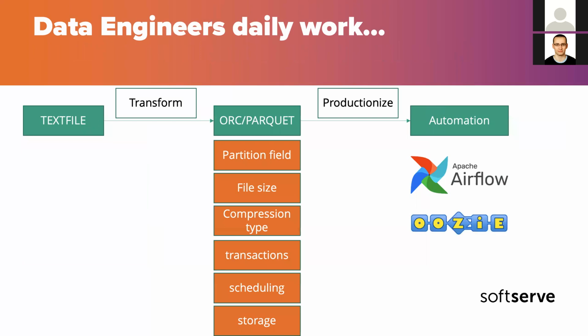Then turning slowly to the main part of our meeting today: how does the regular day of work look for a data engineer? Or basically, in general, how do we transfer data to this environment? You can have different options. You can have Kafka, for example, that will be streaming directly to a table.